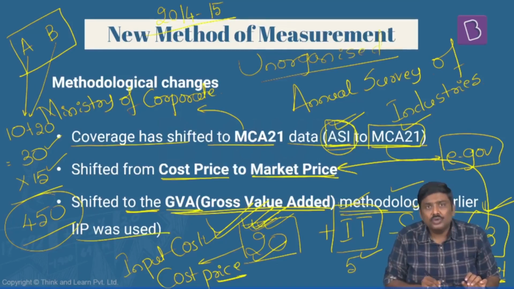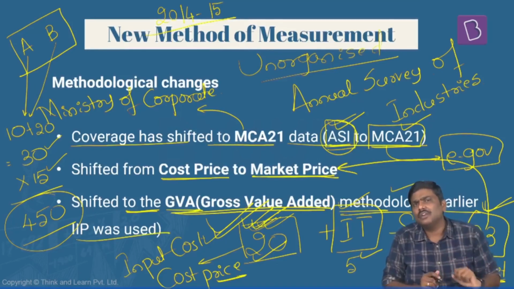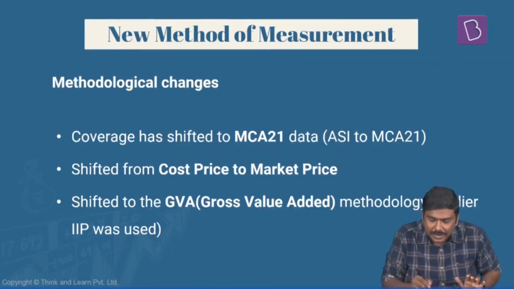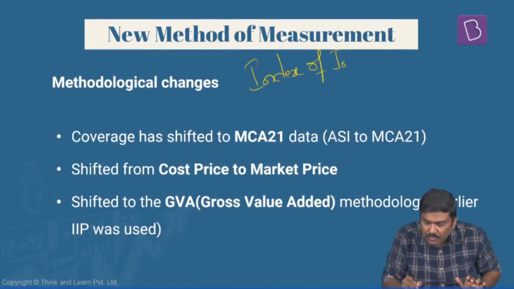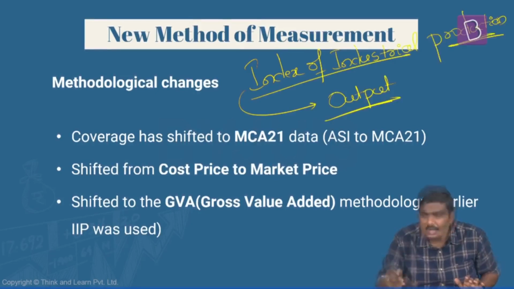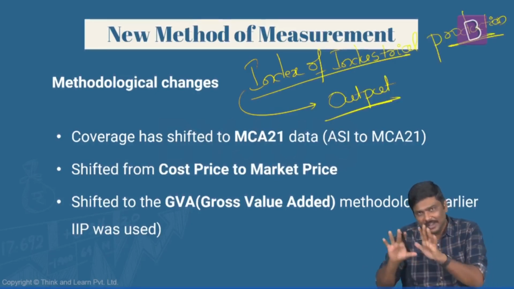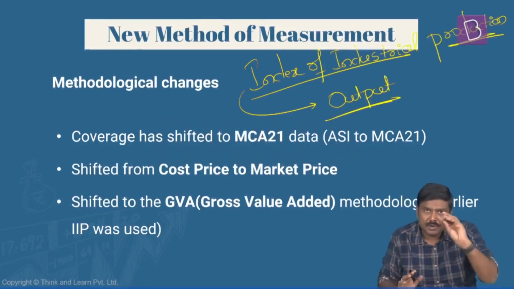Earlier, we used to use IIP. What is the meaning of this? IIP stands for Index of Industrial Production. It is one of the very important parameters to measure what is the increase in the output. Now, again, we'll have a look at this under the industries concept, but as of now, simply understand this.